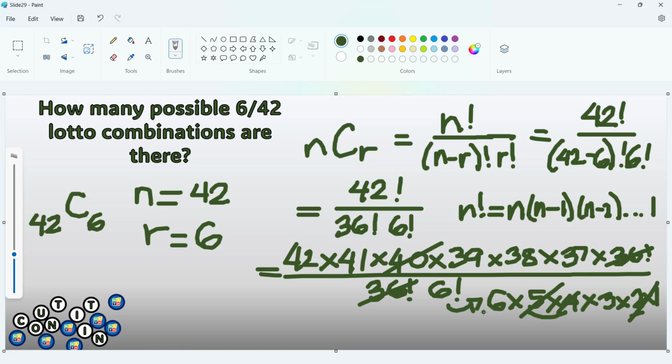Now I have 6 times 3, that's 18. But I could cancel 6 with the 42 here. So 42 divided by 6, I have 7 here. Okay, so I could cancel 6, and 3 with the 39. That's 13 here.